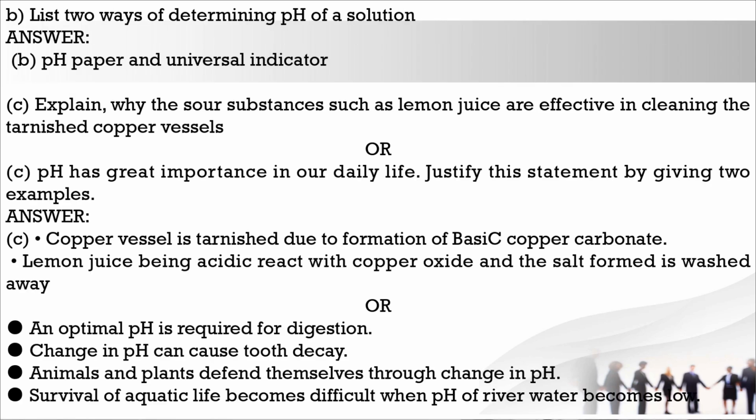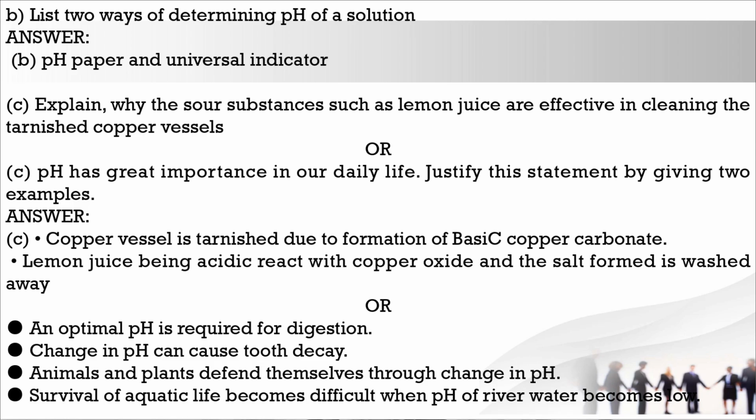B. List 2 ways of determining pH of a solution. Answer. pH paper and universal indicator. C. Explain why sour substances such as lemon juice are effective in cleaning the tarnished copper vessel. pH has greater importance in our daily life. Justify this statement by giving 2 examples. First, copper vessel is tarnished due to formation of basic copper carbonate.